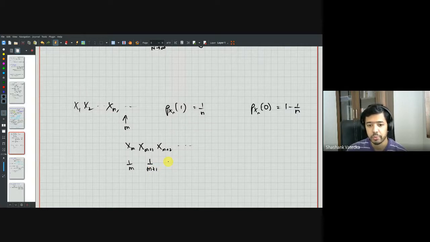But what is the probability that all of these are going to be equal to 0? If you fix any particular location m, what is the probability that everything beyond that point are all zeros?